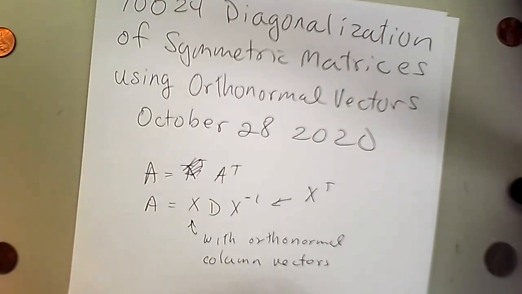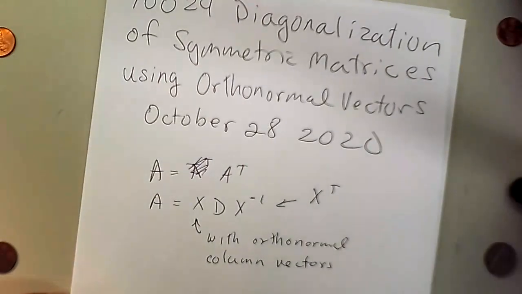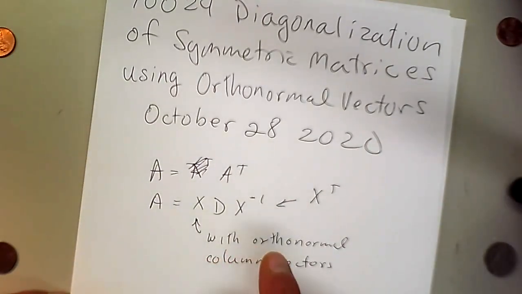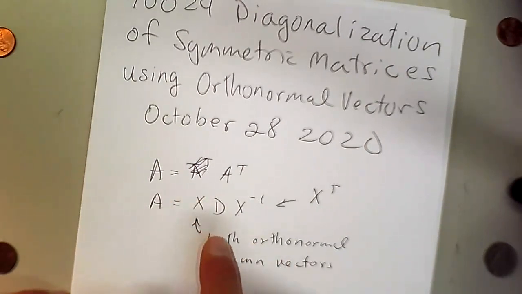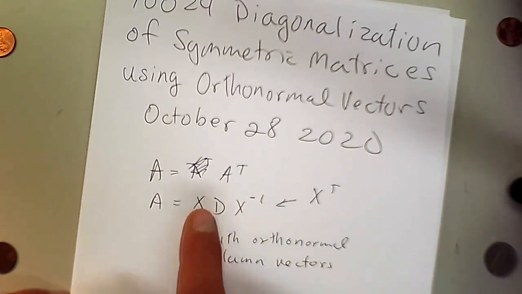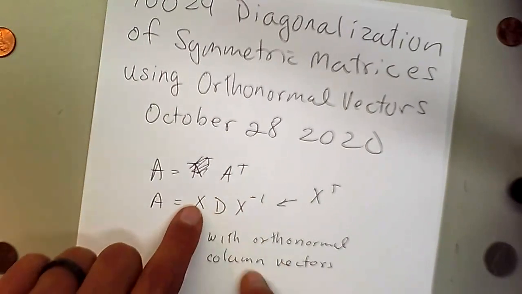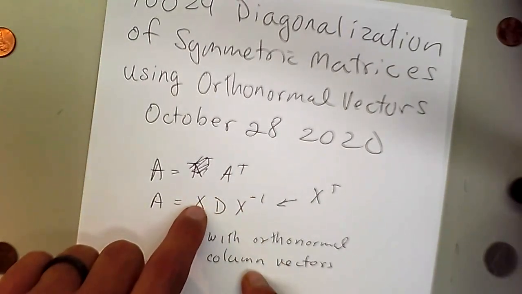But we're not going to prove the spectral theorem, we're simply going to apply it in our factorization of matrices. So we're going to do almost the same thing we did in the previous video, where we were factoring, with the difference that this time we're going to make sure the column vectors of this matrix are orthonormal.